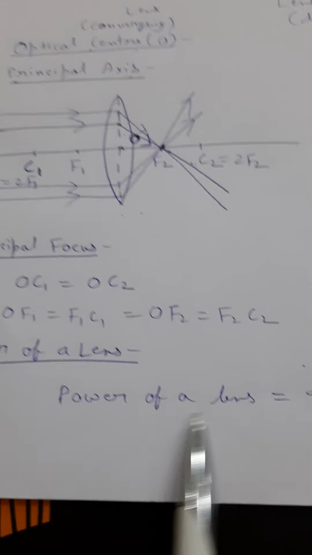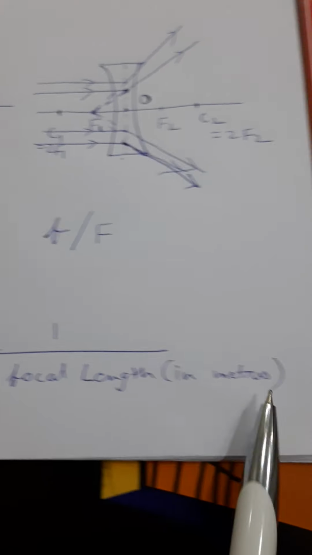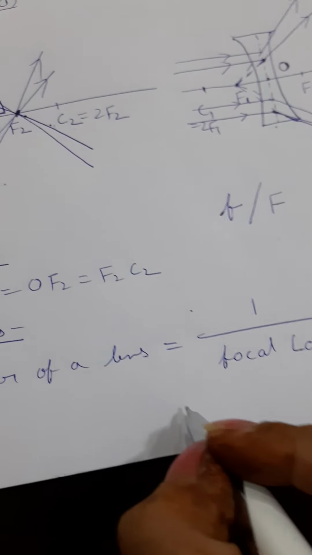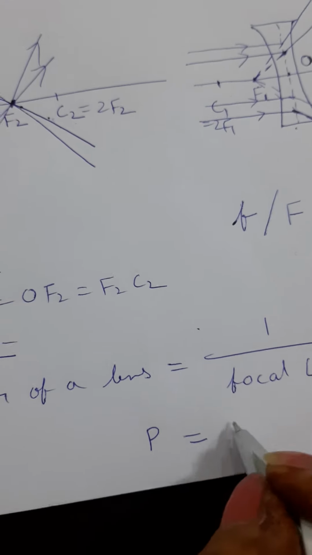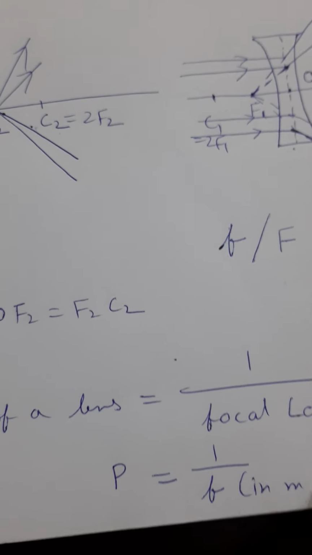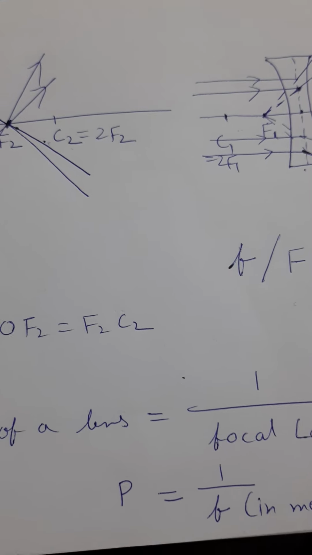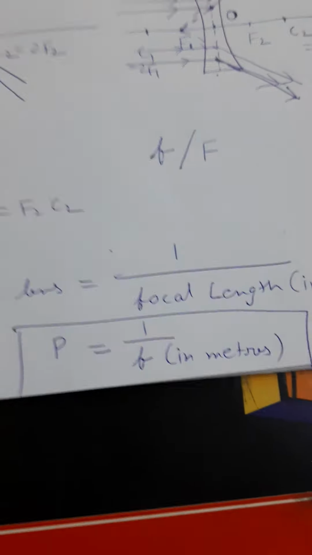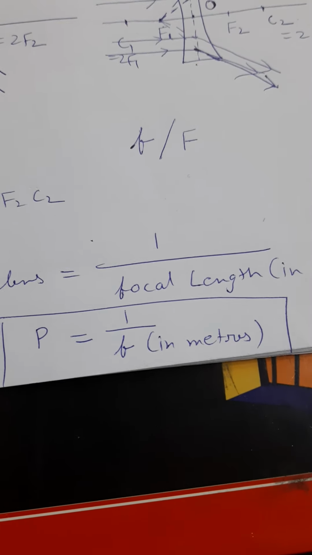So this formula will be valid: power of a lens is equal to 1 upon focal length if the focal length is given in meters. If in centimeters, suppose we are writing it in symbolic form, it is mandatory to mention here that it should be in meters. Without mentioning this, the formula will remain incomplete. So you can write this formula.